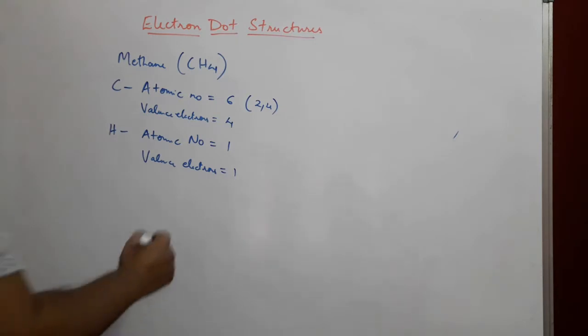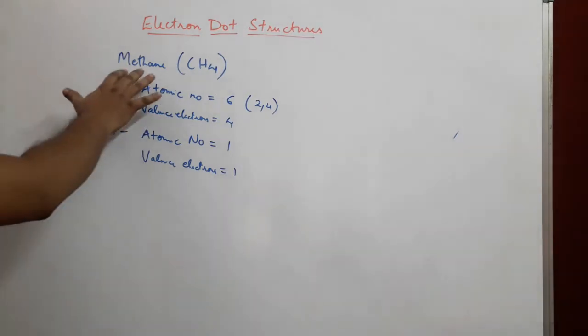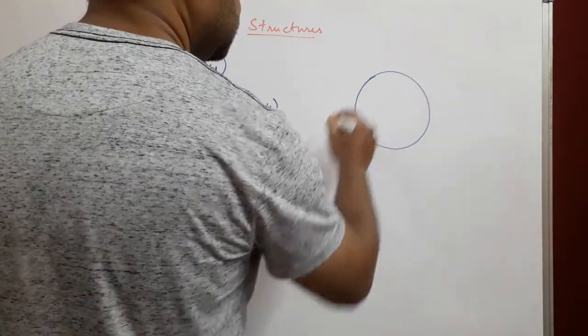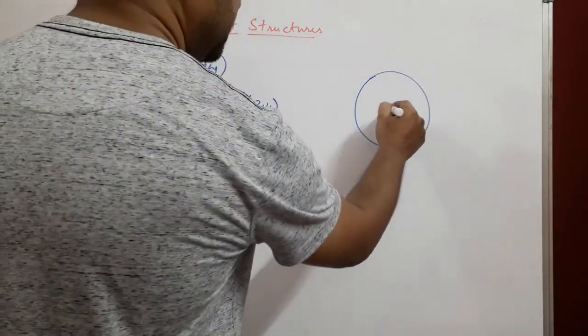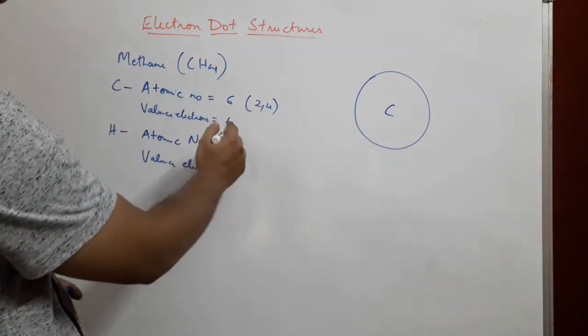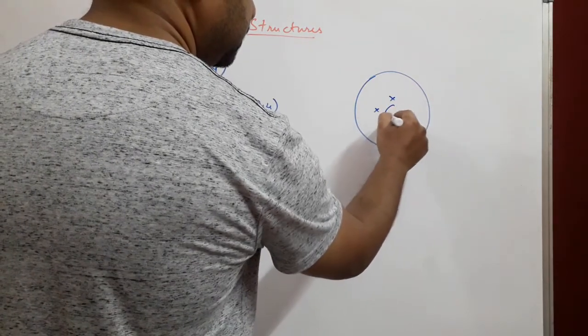Okay, now we need to look at the electronic dot configuration of methane. It will look something like this. This is our carbon atom, and in the outermost shell the number of valence electrons we have said is 4. So we have 1, 2, 3, 4.